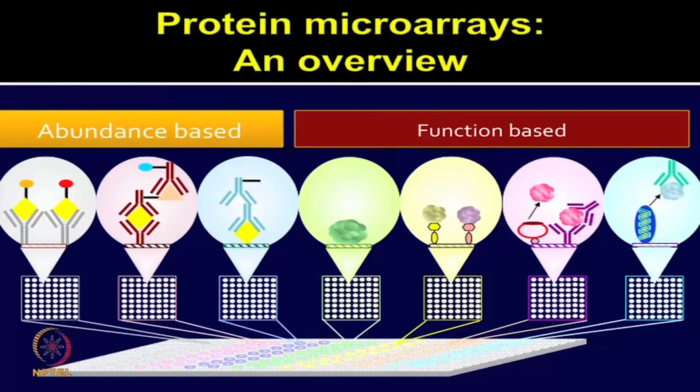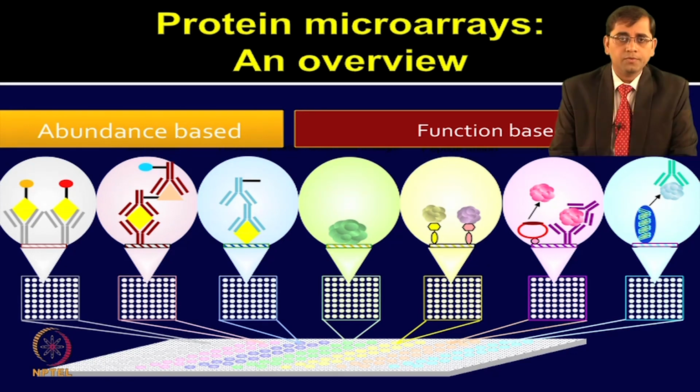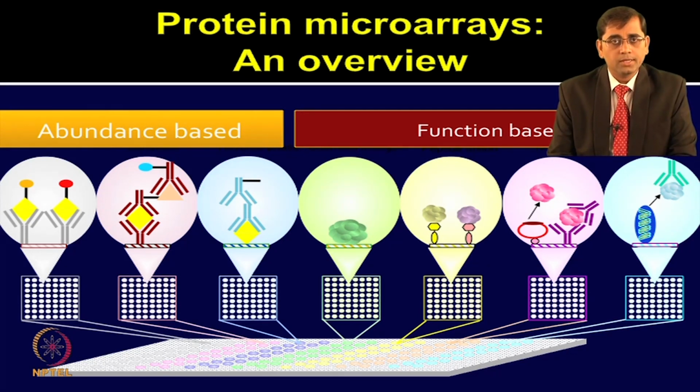In the previous lecture, I provided you an overview of different types of protein microarray technology. We discussed both abundance based and function based protein microarray platforms. We talked about different types of labeling, which includes direct labeling and sandwich assay type of technology. We also talked about reverse phase protein arrays and then discussed different ways of making function based protein arrays.